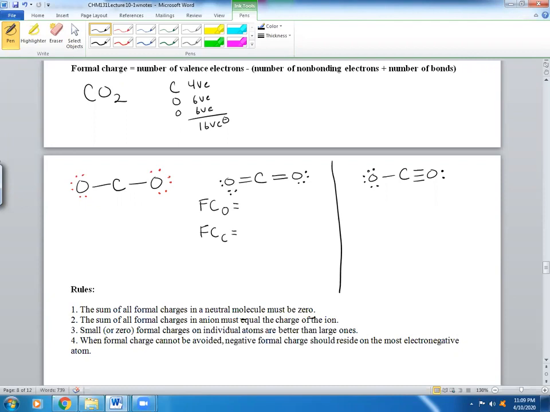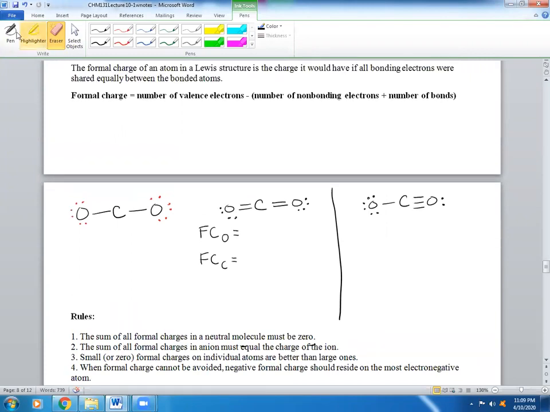Okay, let's apply this. Let me erase this so we can have the equation. So let's apply this equation. It says the formal charge is the number of valence electrons. How many valence does O have? 6 minus the number of non-bonding electrons.